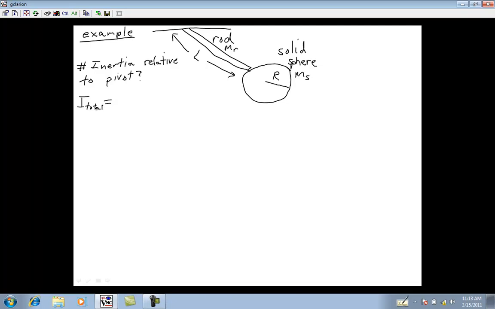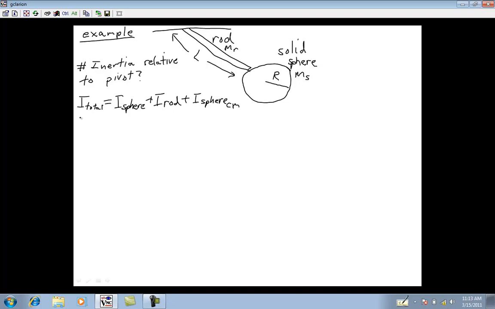Parallel axis theorem. So we're going to have to add the rotational inertia of the sphere, the rotational inertia of the rod, plus the rotational inertia of the sphere's center of mass, which is essentially the parallel axis theorem.